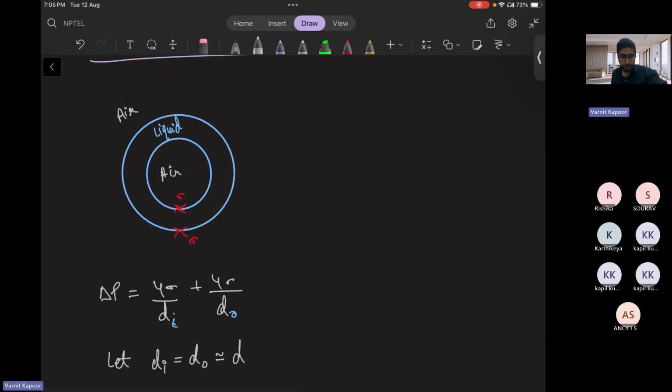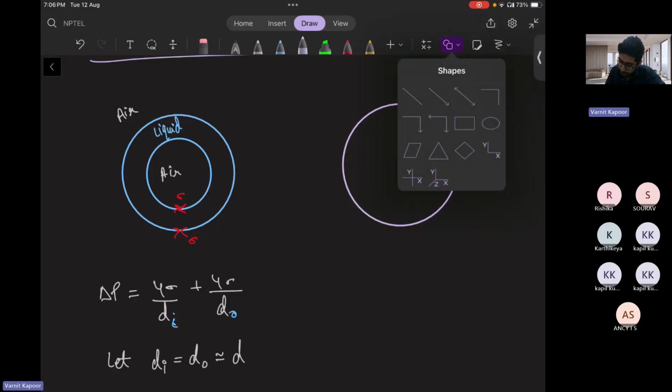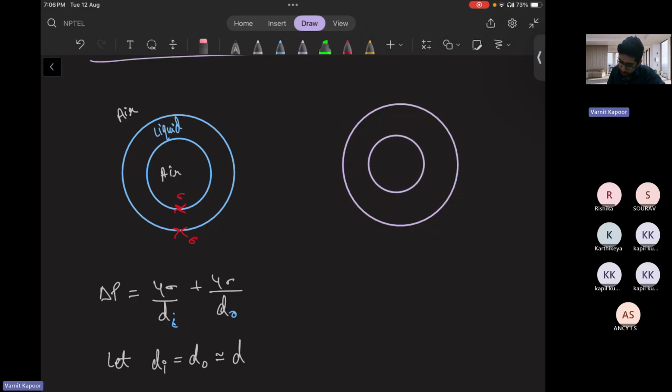Suppose instead of air inside, I'll again draw a soap bubble. Outside is air. This is liquid, but inside it is, oh sorry, inside it is helium.